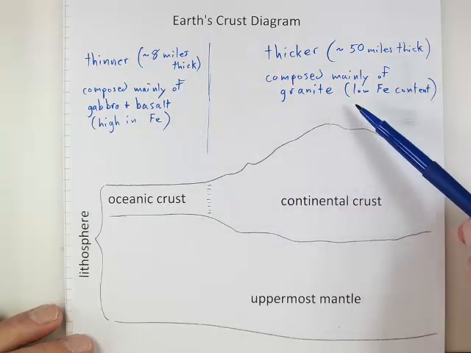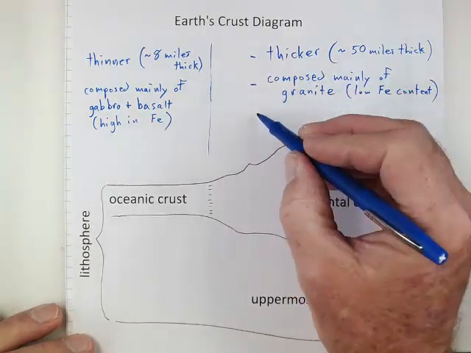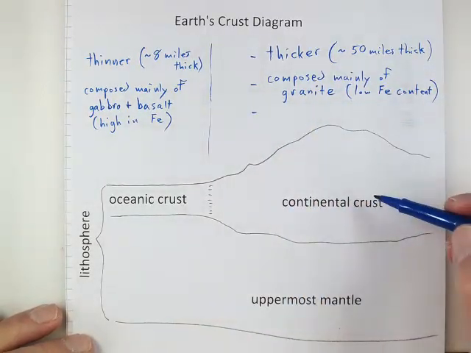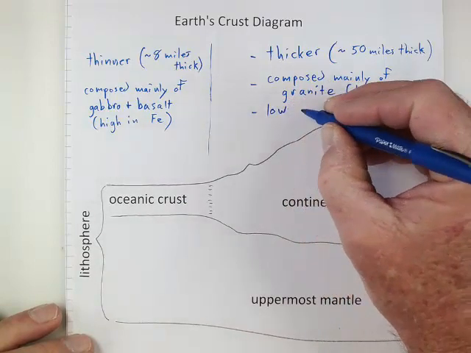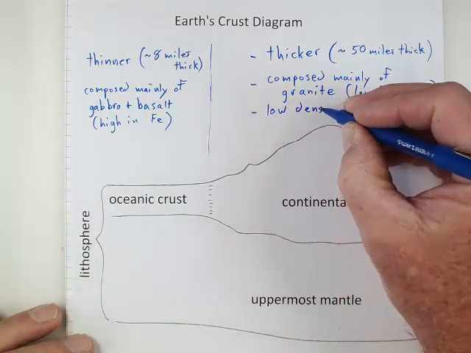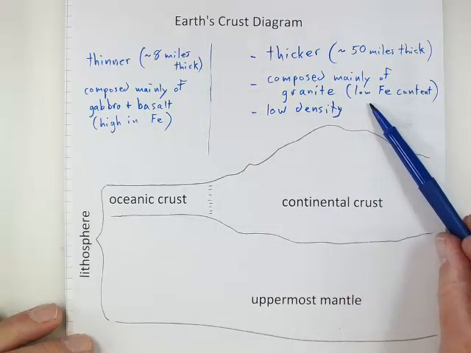The other is related to composition. So do little bullets here. The third bullet is the fact that continental crust is less dense than the oceanic crust. We'll say it has relatively low density, and the reason for that is because it's low in iron.